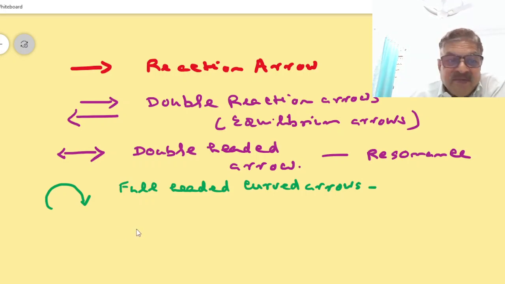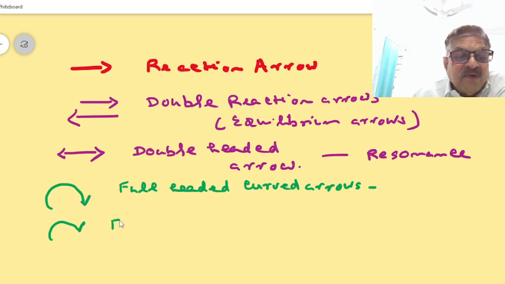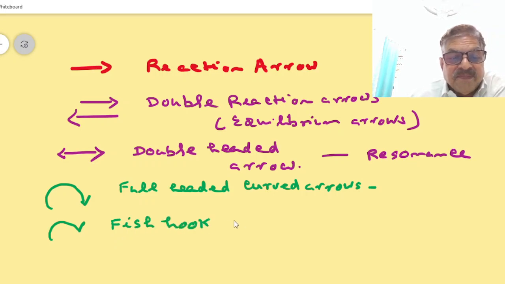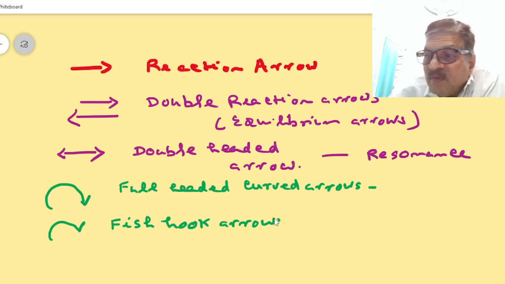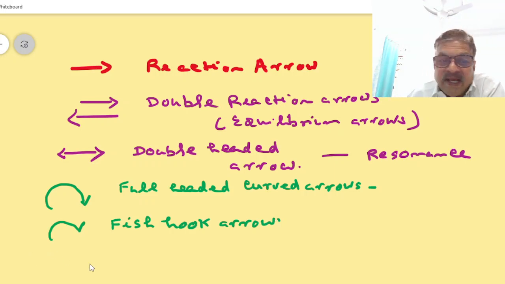Now we have seen a half-headed curved arrow, also known as a fish hook arrow. It shows the movement of a single electron. Then there is something called a retrosynthetic arrow.